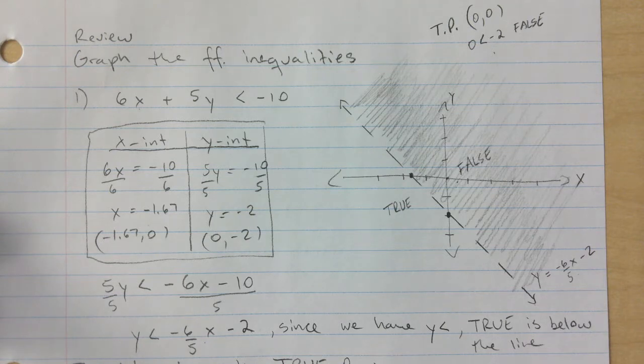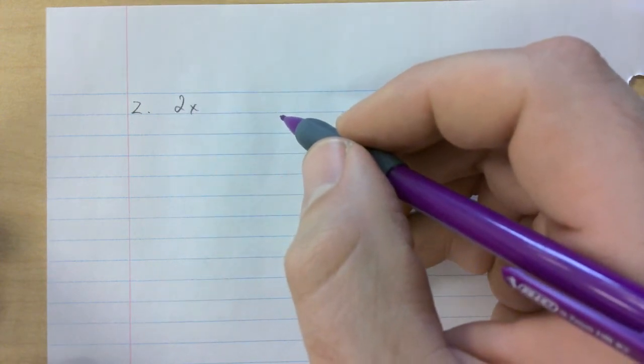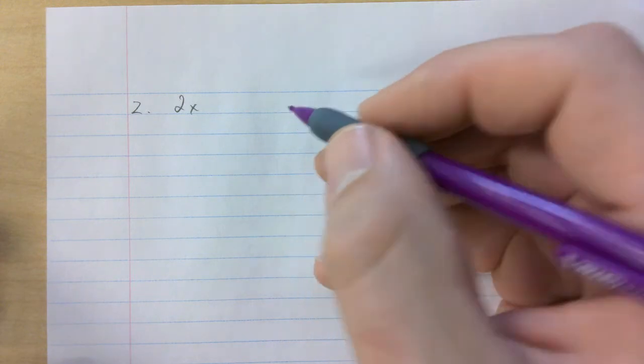This time I'm not going to explain all of this, and you should have done this already. So let's do it on the back side. Number 2 is 2x. Maybe I will change this actually.